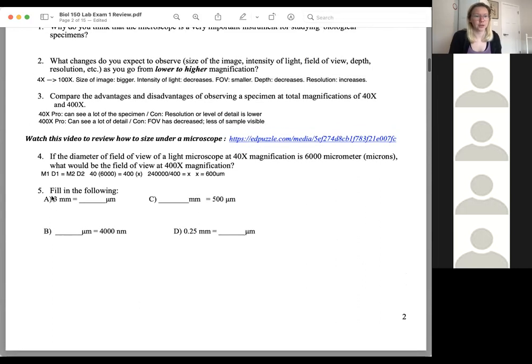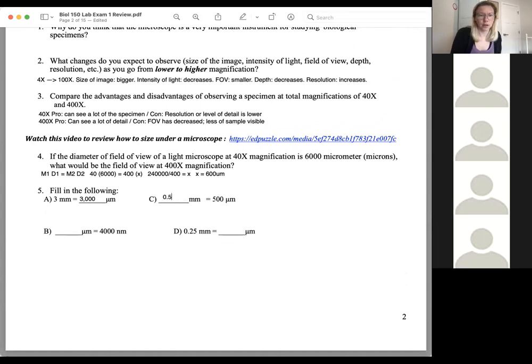All right, let's do some metric conversions. 3 millimeters equals how many micrometers? 3,000. Very good. How many millimeters are in 500 micrometers? 0.5. Excellent.